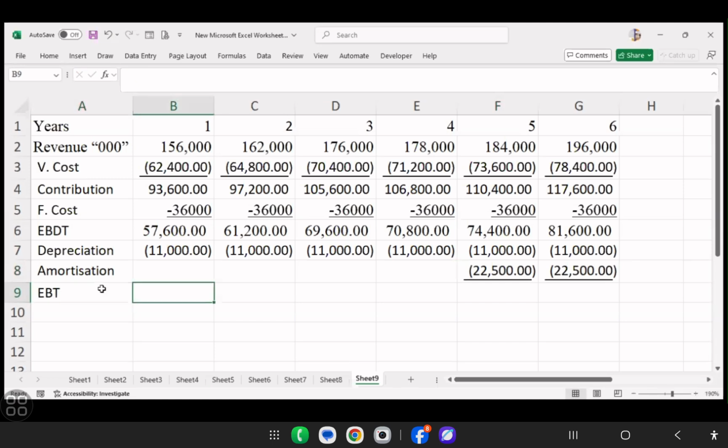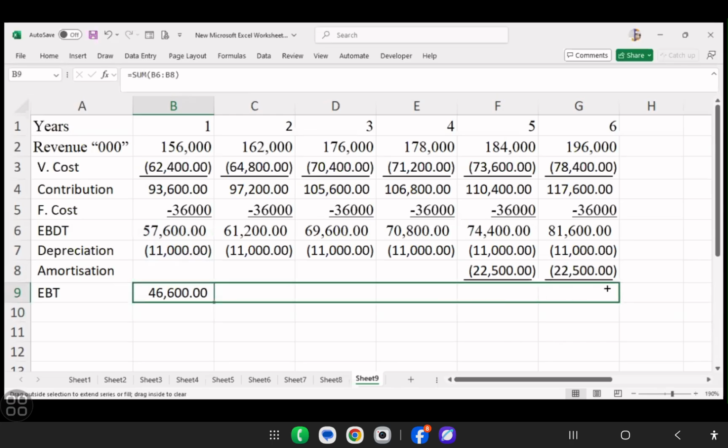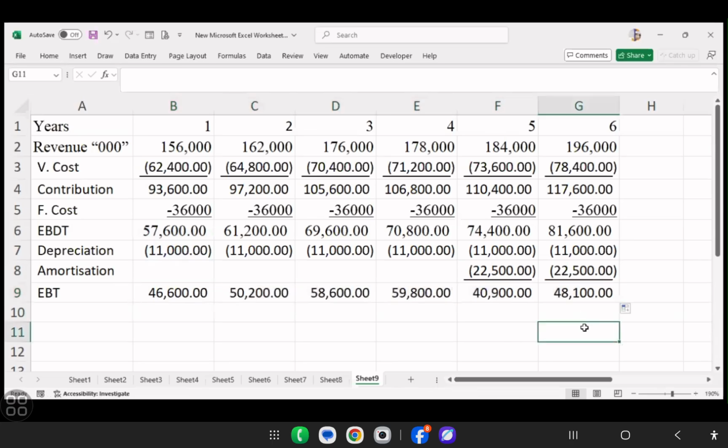So this is the earnings before tax. Earnings before tax equals, we sum up these two, then we take it across that way. So we have the earnings before taxation. Then we go ahead and less tax at 30%.